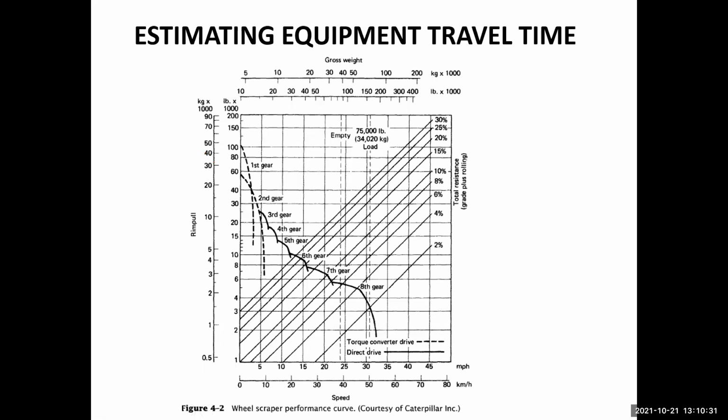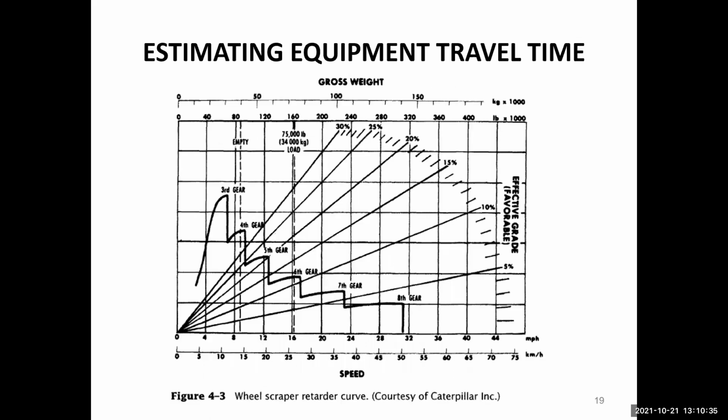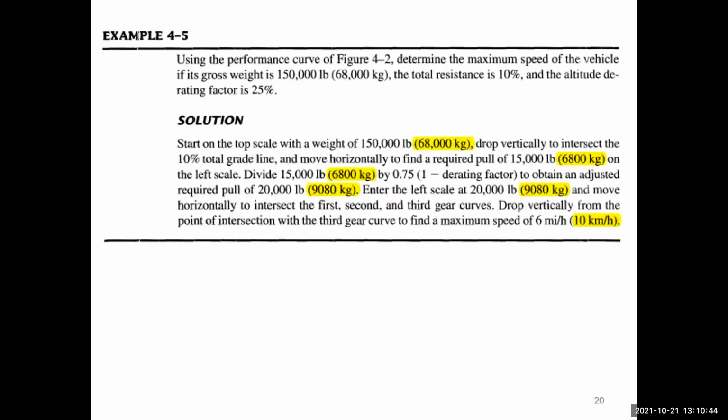This chart is called the wheel scraper performance curve. Another chart over here is for the wheel scraper retarder curve as well.